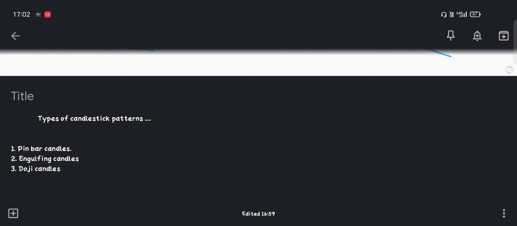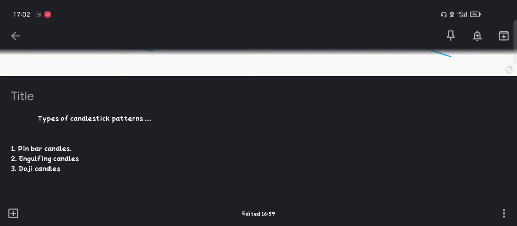I'm saying again, these candlestick patterns are for confirmation only. You will never take an entry based on candlestick patterns alone. You will only take the entry for the purpose of confirmation. So never treat them in isolation. I will give you a practical example, so please stay tuned.